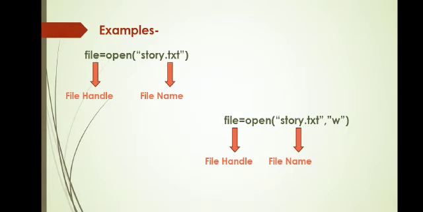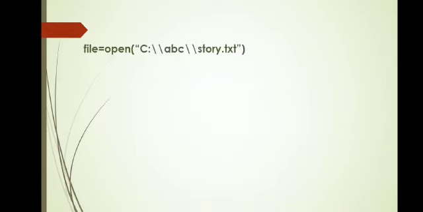Now let us talk about another example. Here I have written file is equal to open, and within the open function I have specified the complete path of the file. I have written C colon double backslashes abc double backslashes story.txt.